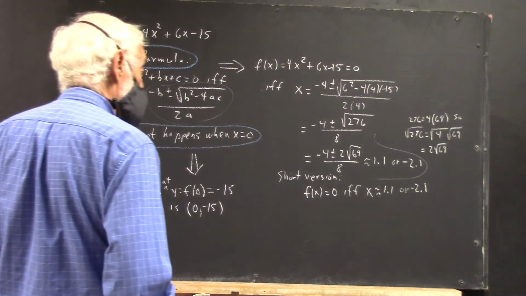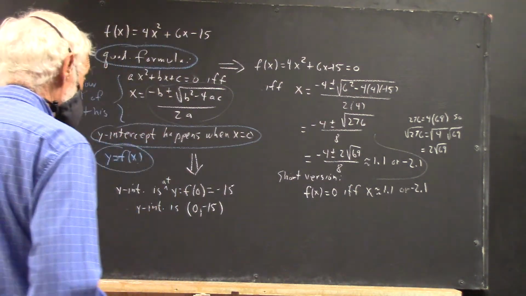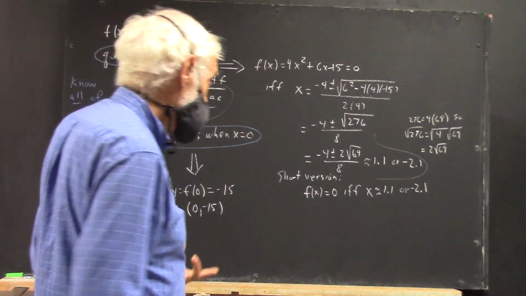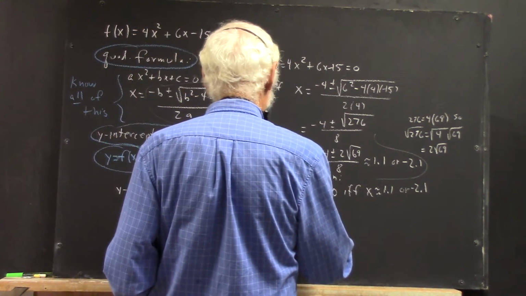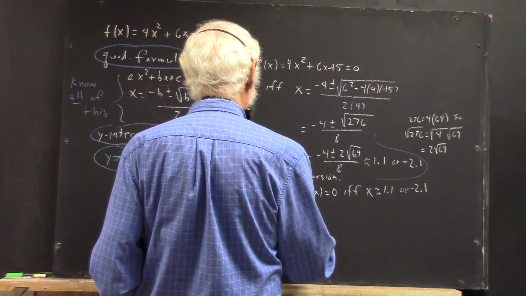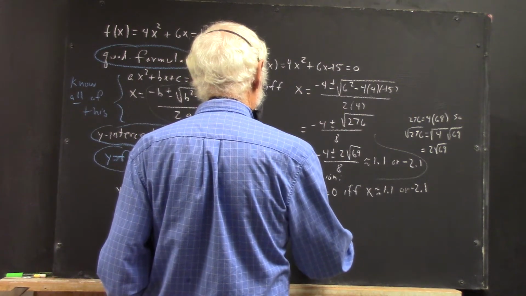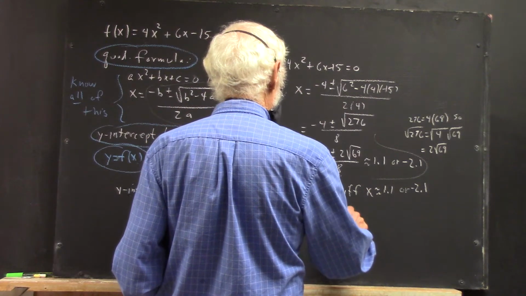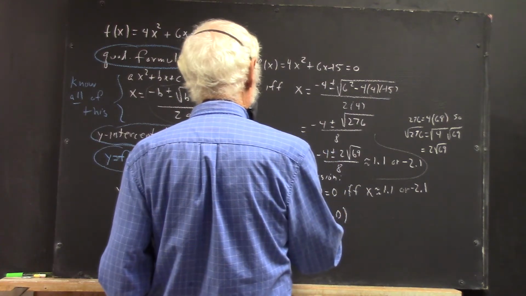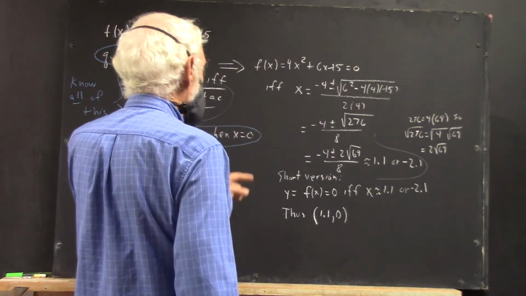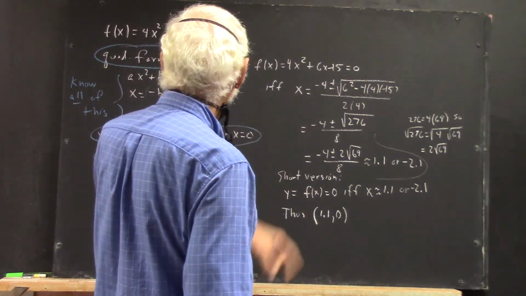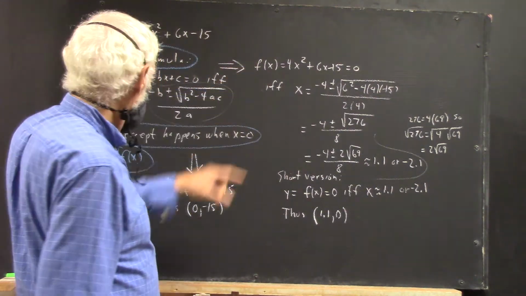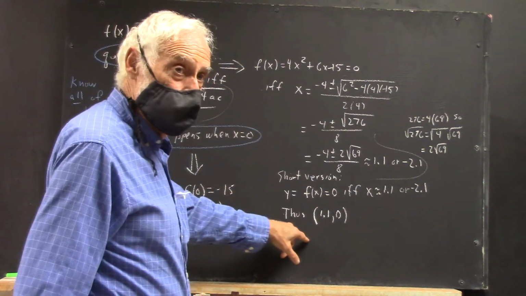Okay, so anyhow, now, what do we know? Well, now I'm going to say y equals f of x equals 0. Because of course y equals f of x. And we're using the fact that y equals f of x.